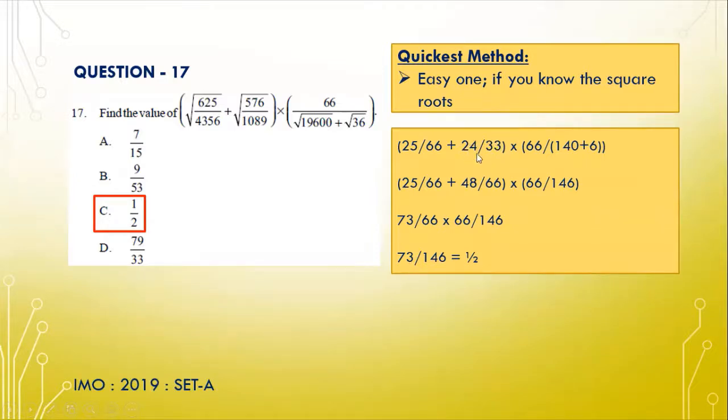Because if you multiply this by 2, it will be 48 upon 66 into 66 upon 146. 25 plus 48, it is 73 upon 66 into 66 upon 146, which will be, 66 will cancel. So 73 upon 146. What is 73 upon 146? It is 1 by 2, because 73 twos are 146.